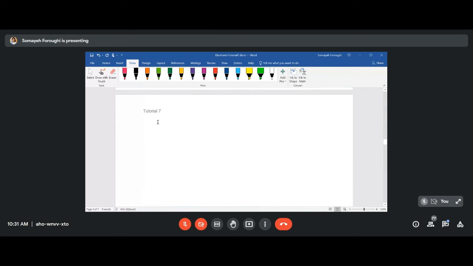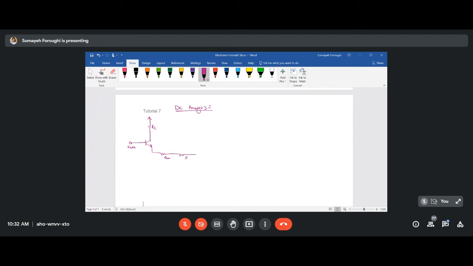So for doing the DC analysis, this is your DC analysis. You will have RC on the top. You will have VCM, which is only your DC voltage.